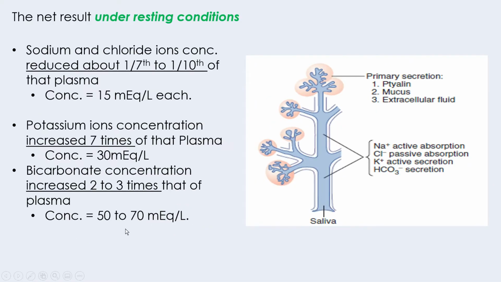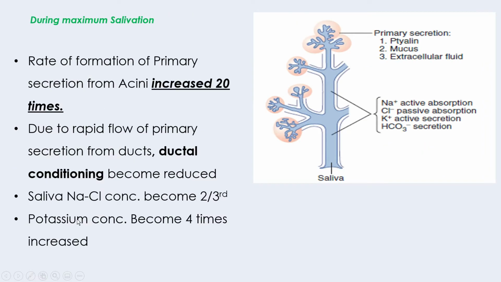However, in the resting condition, we observed that the potassium concentration is increased 7 times, and in maximum salivation, the potassium concentration is increased only 4 times. So this is how the change in concentration occurs in the saliva, from the acini till the buccal cavity.